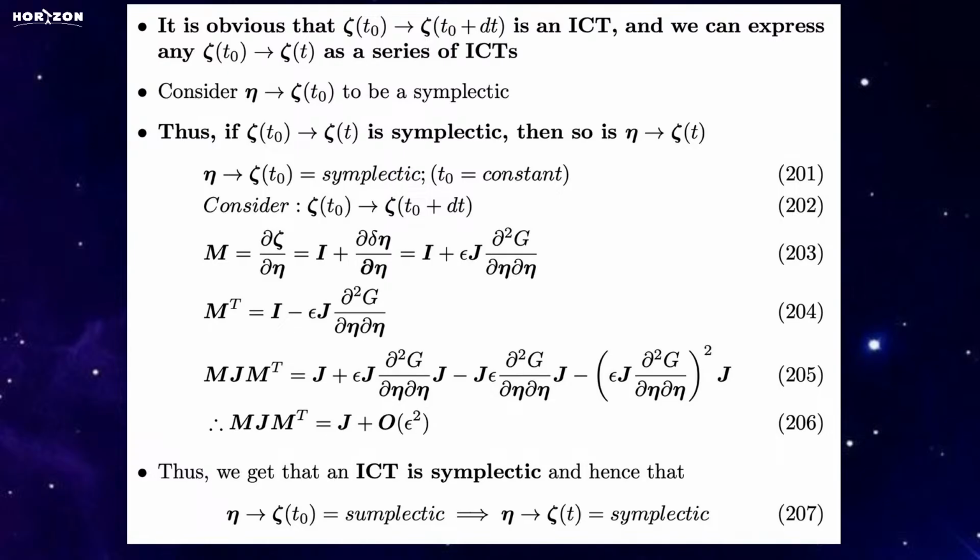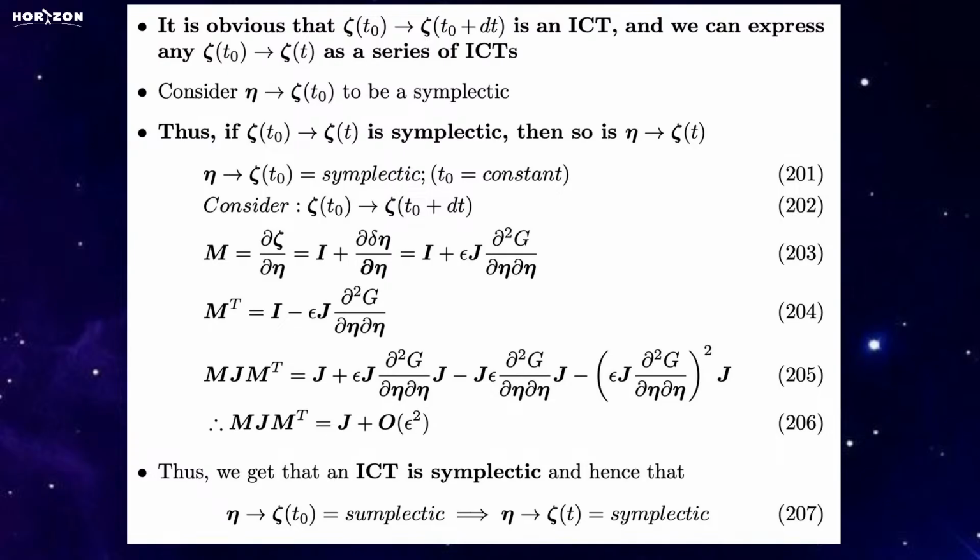So all that is left to prove is that an ICT is symplectic. So let us consider the Jacobian of an ICT, expand it, and evaluate MJM transpose. We get that MJM transpose obeys the symplectic condition, equal to J with an error term on the order of ε², which is negligible because ε, if you remember, is an infinitesimal parameter.